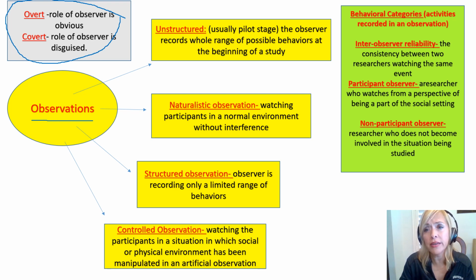Behavioral categories, like activities recorded in an observation, like you're recording behaviors. Inter-observer reliability, consistency between two researchers and what their opinions are. Participant observations, which means that you're participating in whatever it is that you're doing, and then you have non-participant observation, where you're not messing with the subjects, you're just watching them.